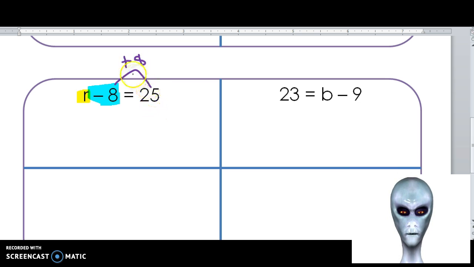So 25 plus 8 will get me R. So I'm going to add 8, and I'm left with R is equal to 25 plus 8, which is 33.